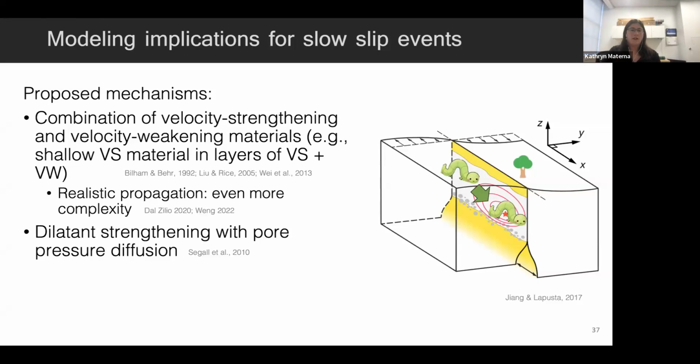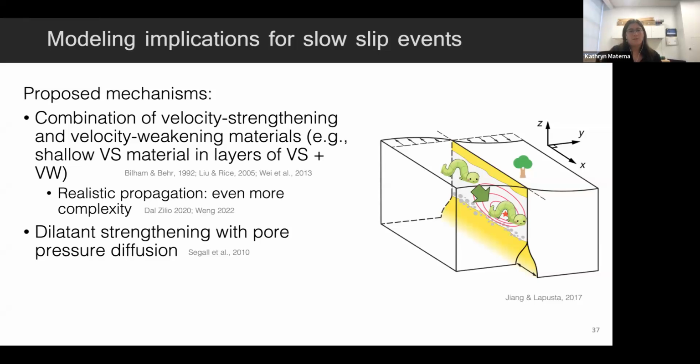These are layers of the crust that are stable to sliding and that are frictionally unstable. And if you combine velocity strengthening and velocity weakening layers of the right sizes in the right combination, you can create a crust that has a type of stability that can create slow slip events.